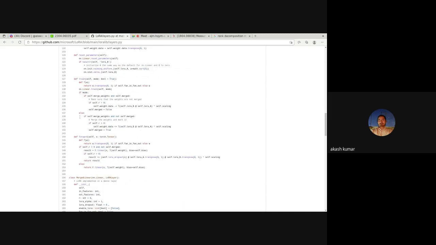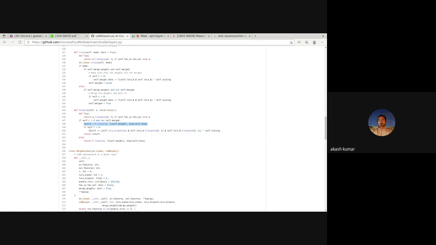Whenever there's an input X, if the R dimension is greater than 0 and not self.merged, where self.merged is, as I understand, a toggle between train and test behavior, first they calculate the result of the linear layer that they already have with its initial weights and biases.